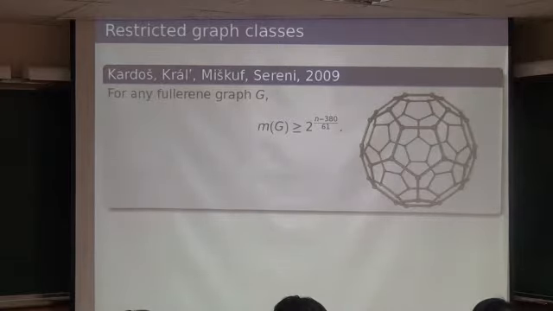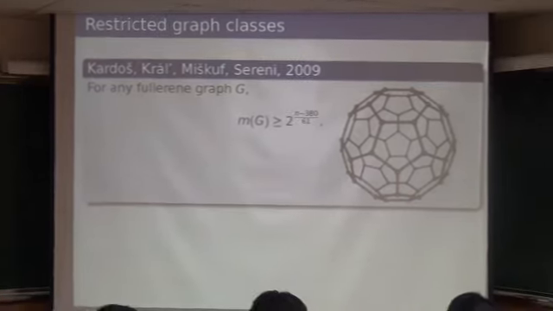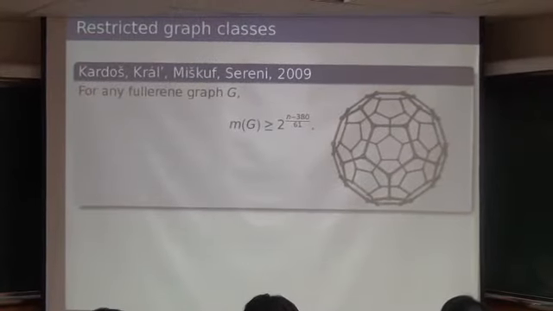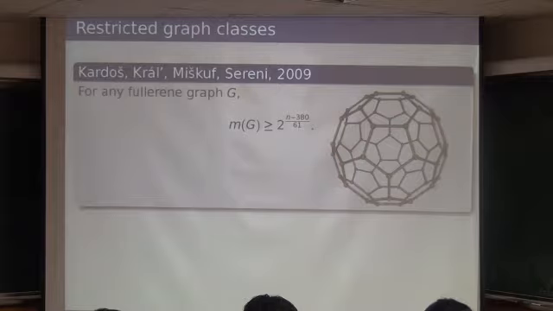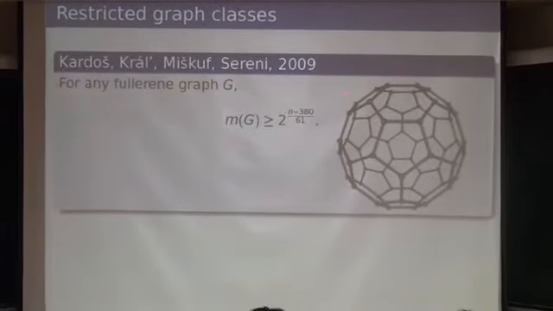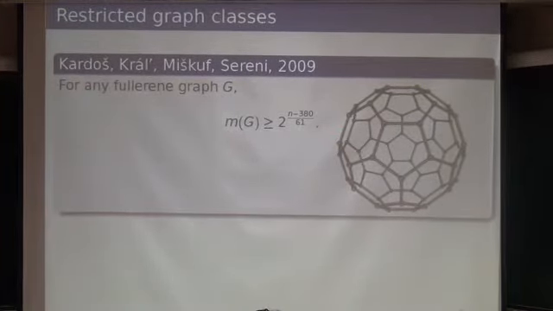In terms of restricted graph classes, there are some situations in which it's much easier to prove the theorem. So Kardosh, Kral, Mishkov, and Sereni were able to prove it for Fullerene graphs. And a Fullerene graph is a special kind of 3-connected planar cubic graph. And they were able to come up with quite a short proof that the number of perfect matchings is exponential in the number of vertices.